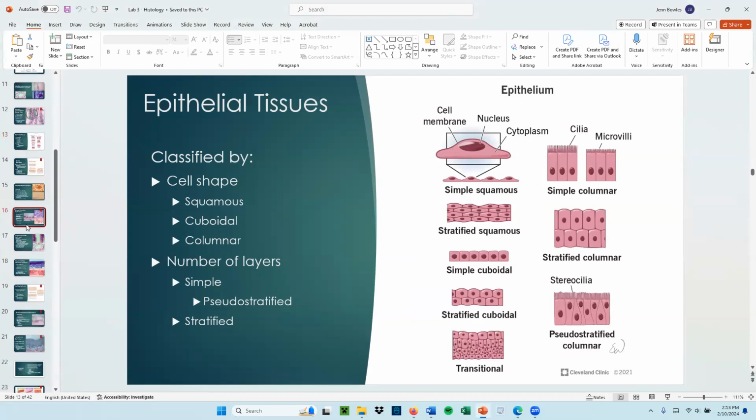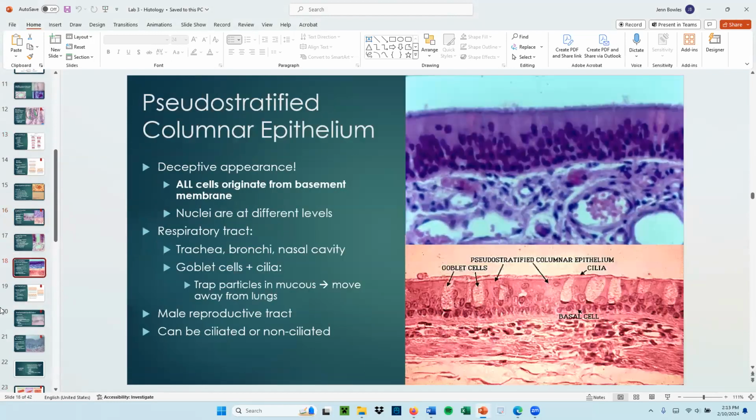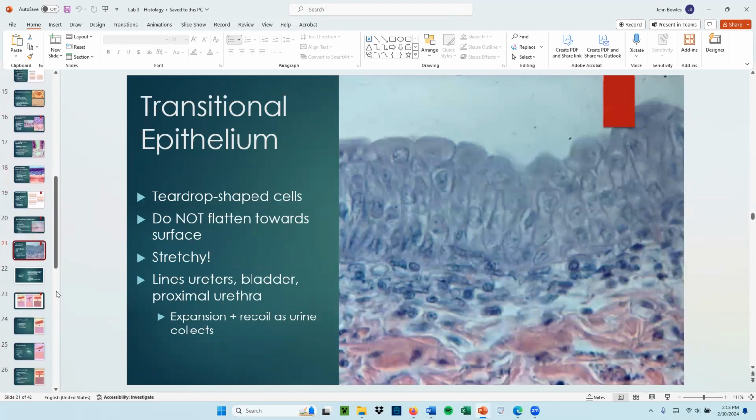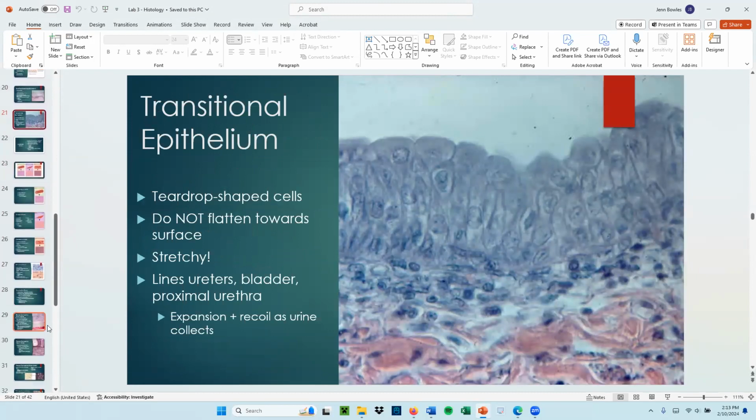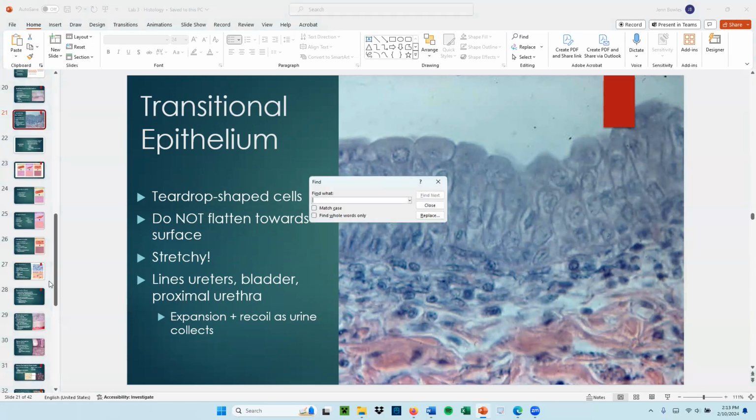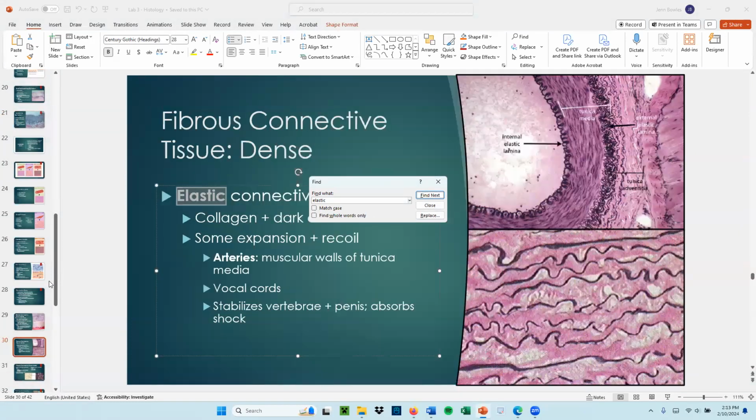Good question. So I will say that elastic fiber is a pretty good question to ask because it is really distinct. Anytime we have elastin, it shows up really dark on slides. Let me find that in here.